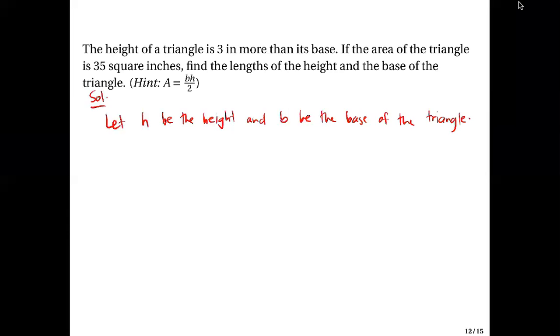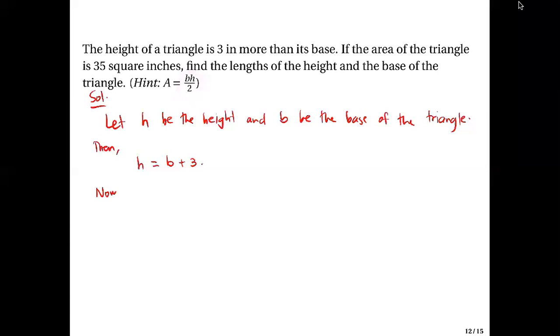Then, according to the situation, the height is equal to 3 inches more than its base, so base plus 3 inches. Now, the area is 35 square inches, and the area is, according to the hint here, base times height over 2.